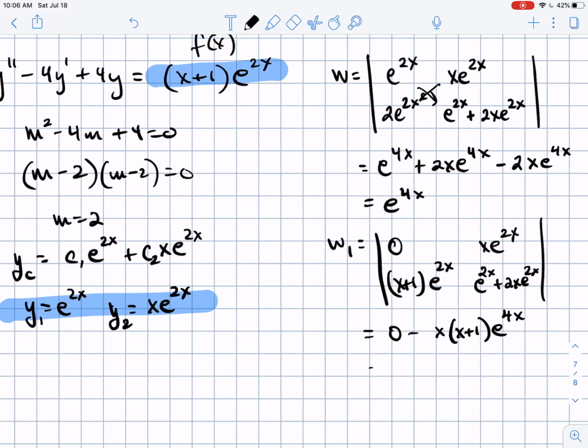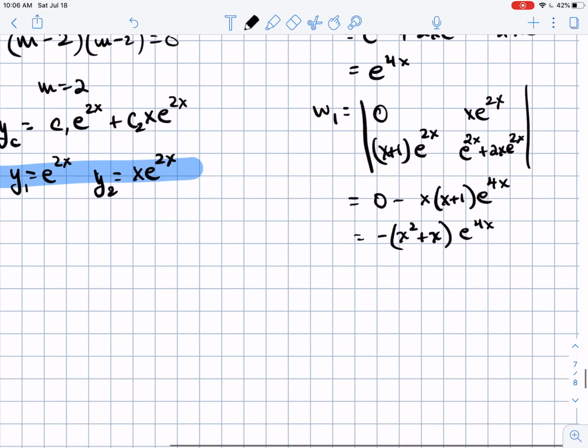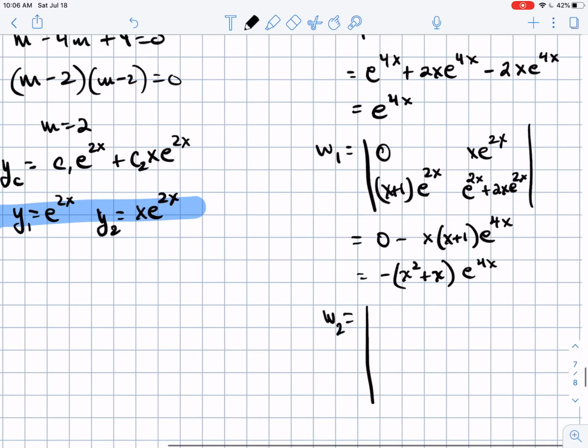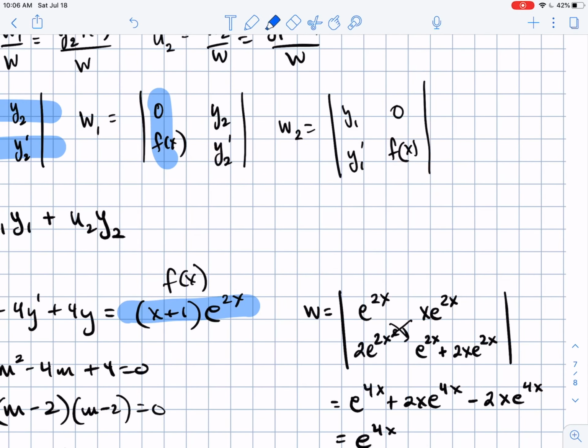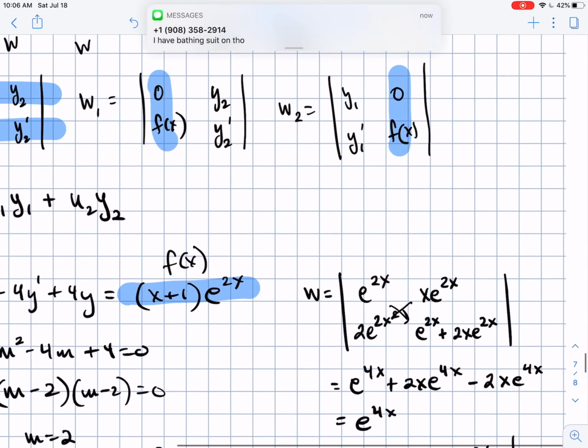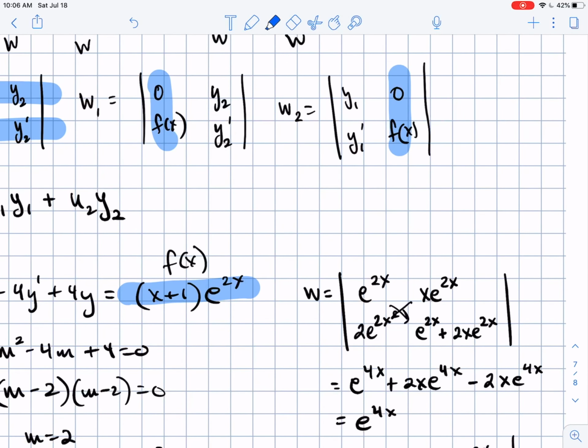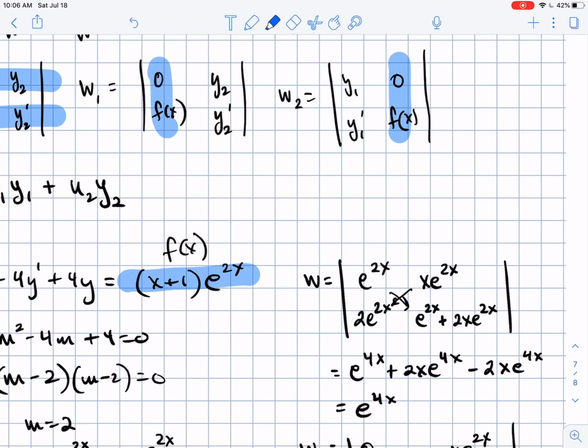Okay, so we are left with a negative x squared plus x e to the 4x. All right, and the last one I want to do is w sub 2, which is very similar. Now you're putting in your 0 and the function in that last column.